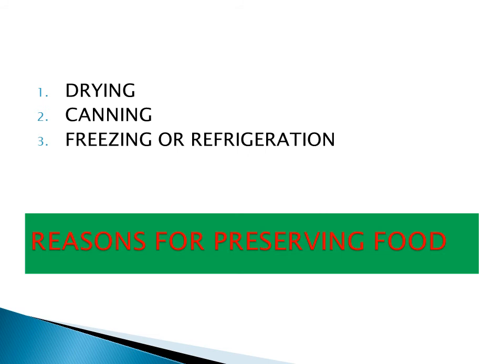That is, they go bad within a short period of time. Most animal products are also perishable. To avoid waste of animal and plant products which are perishable, there is need to store them properly. The following are the important actions we should take to be able to store food properly.